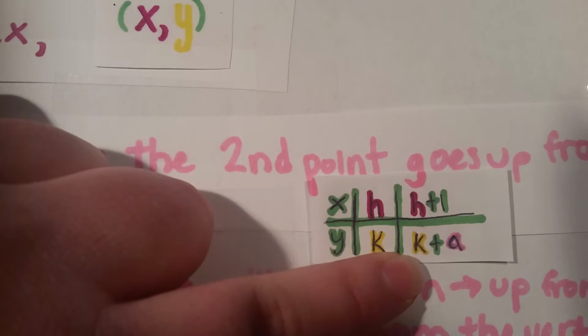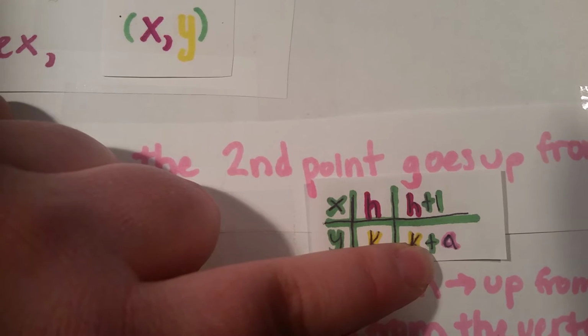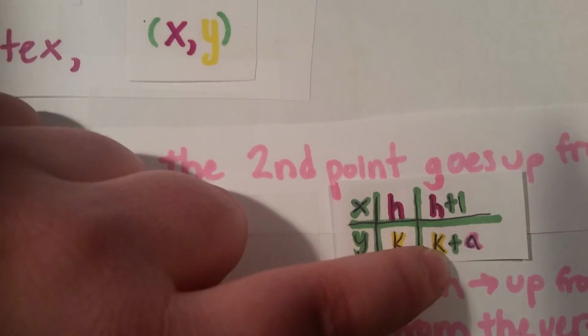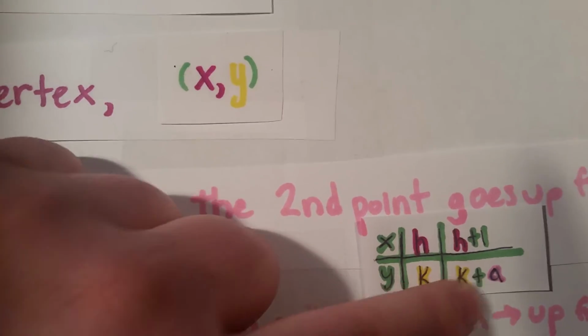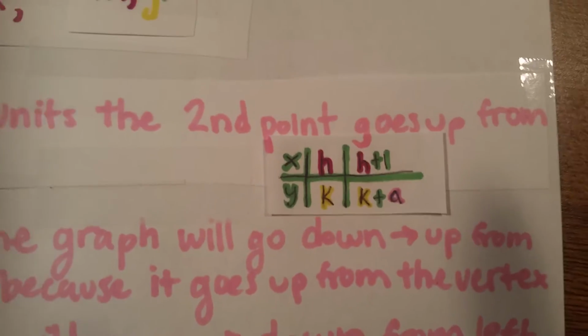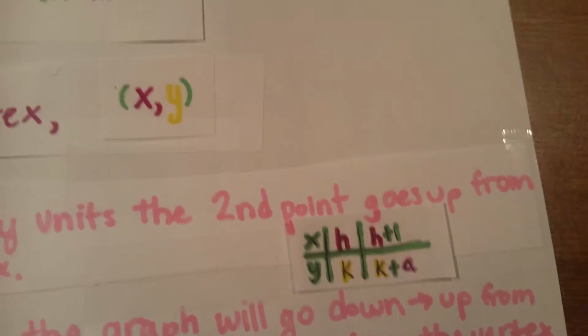So if k is 3, and you have a vertical stretch by 4, then you're going to have a 7 right here, because 3 plus 4 equals 7. So we're going to use that in solving these next equations, which are examples.